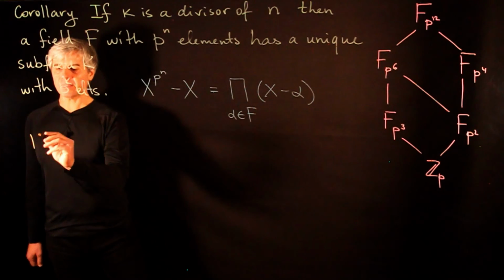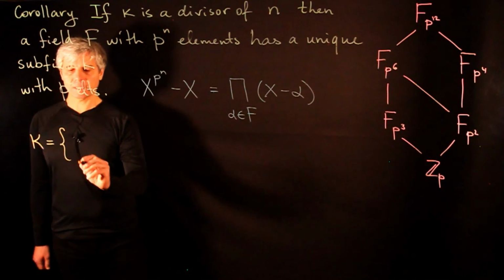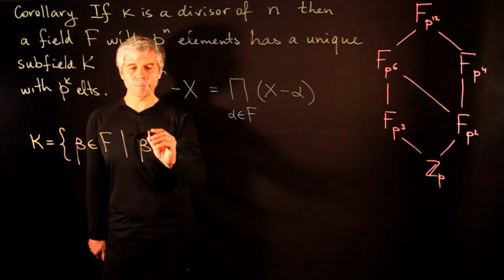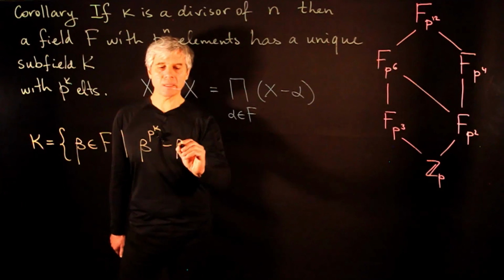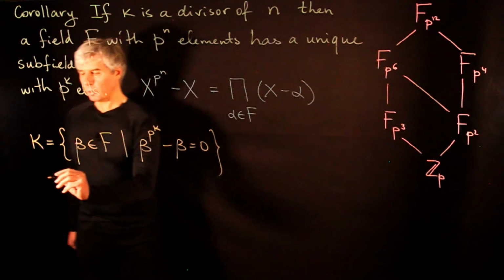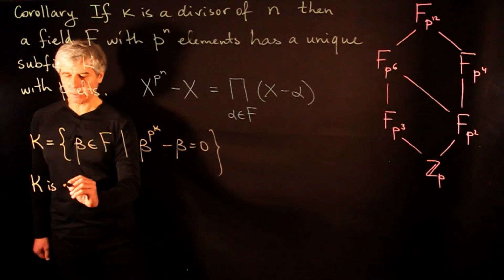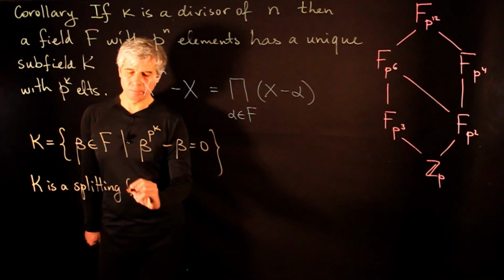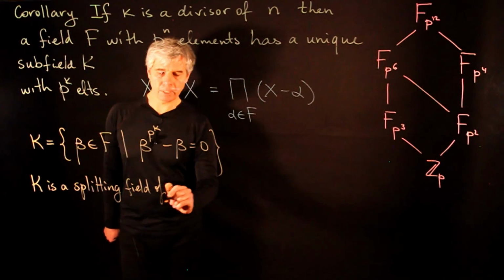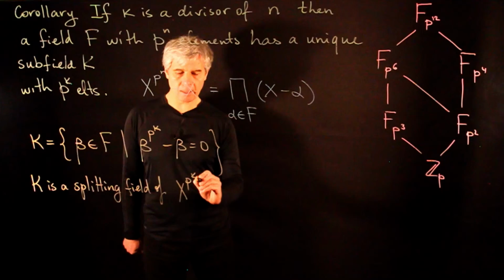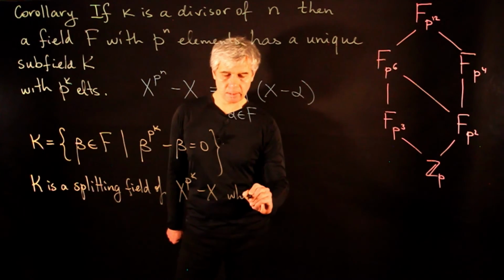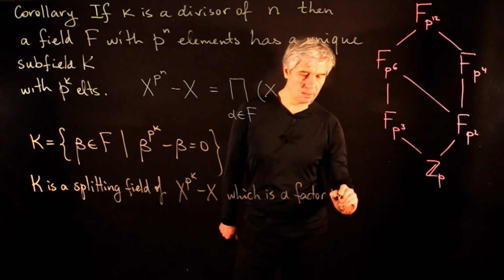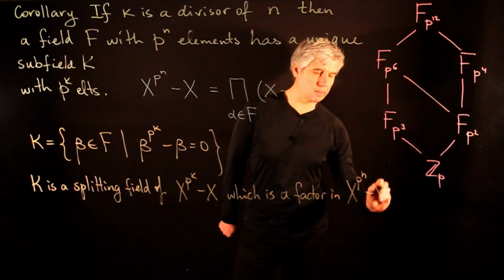This follows from the fact that K can be described as the set of elements beta in F, such that beta to the p to the power k minus beta is equal to 0. In other words, K is a splitting field of x to the power p to the k minus x, which is a factor in x to the p to the n minus x.